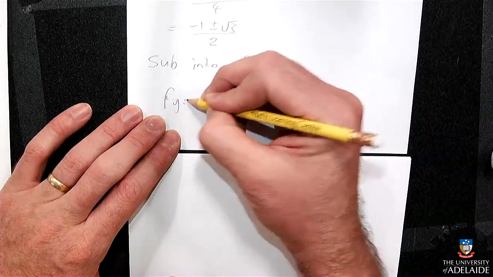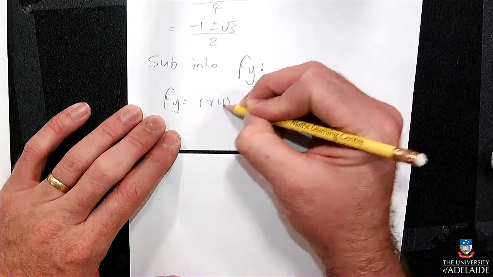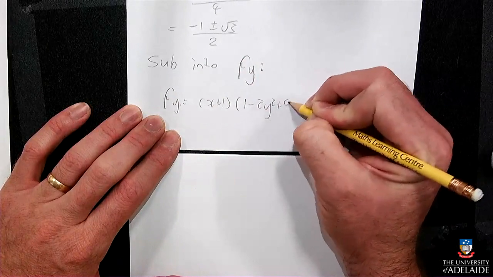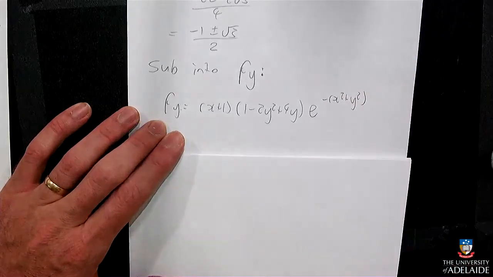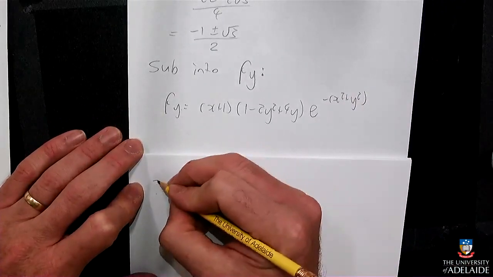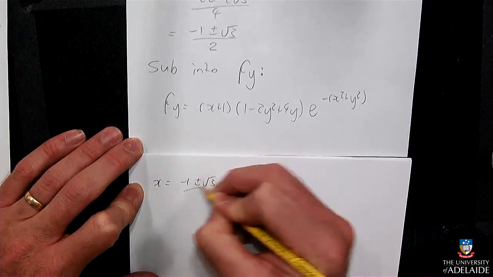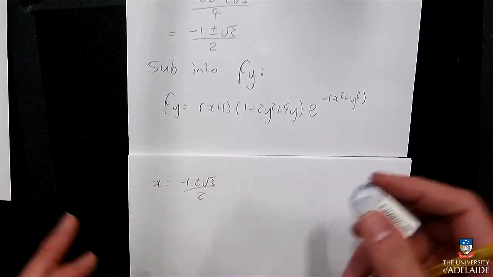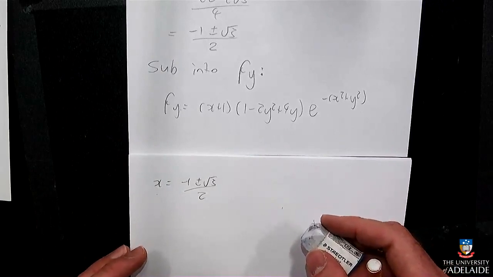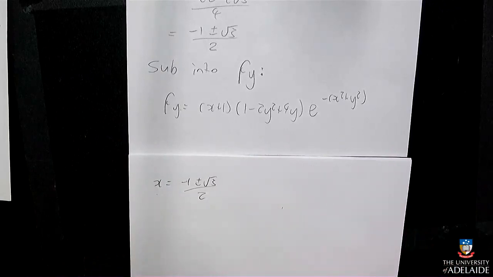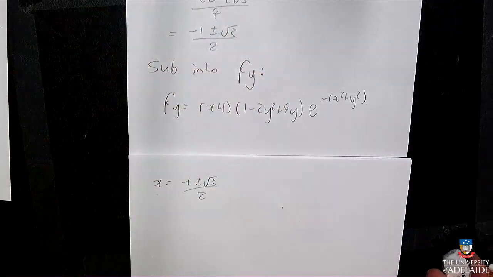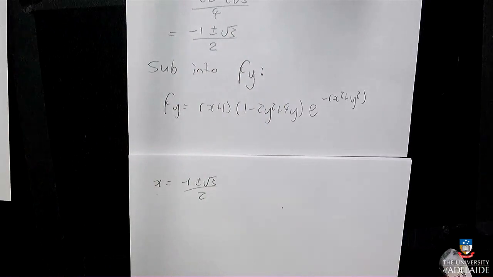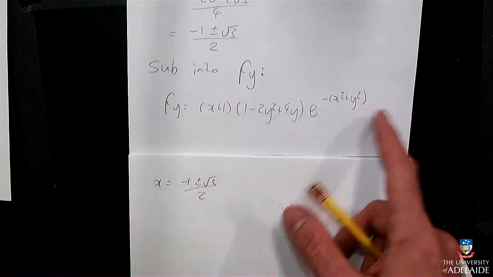So f sub y was... okay. So if x was equal to minus 1 plus or minus root 3 over 2, well, oh wow. I've made myself pain here. Actually, regardless of what x is here, I need this to be 0, right?